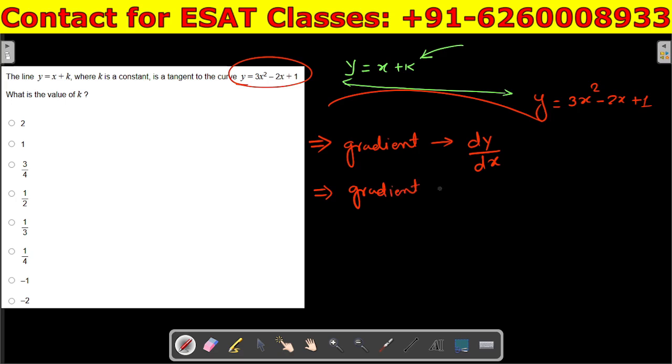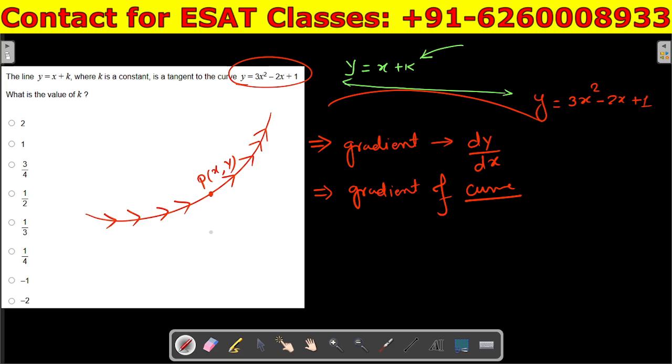Suppose we have a curve like this, and you want to find the gradient at this point P having coordinates x comma y. Since its gradient is variable, it is changing at each and every point. So what is the meaning of gradient here?